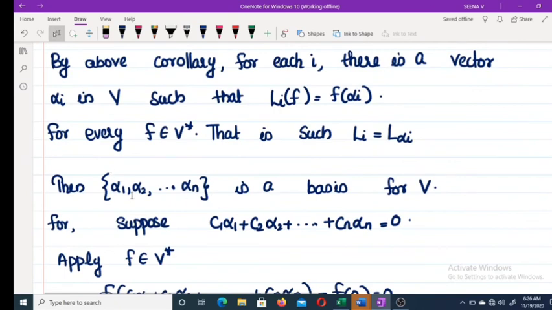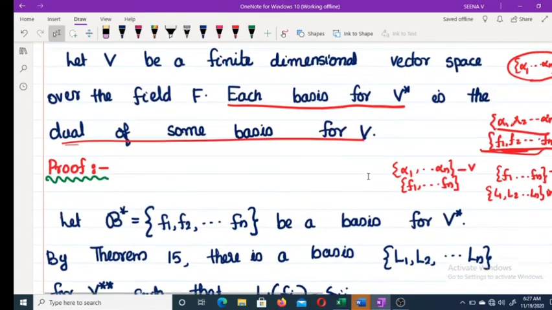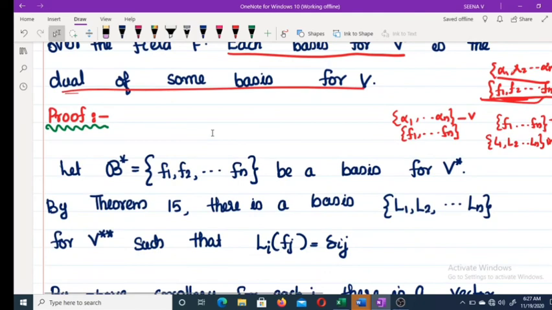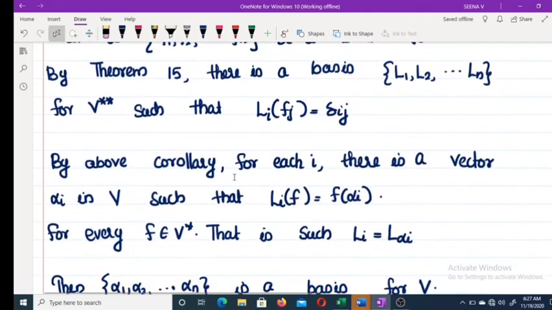Now we are proving this is a basis for V. For proving this is a basis for V, it is enough to prove that this set is linearly independent, because the number of elements is already n, and we already proved that dimension of V equals dimension of V star equals dimension of V double star. Dimension of V star is n, therefore dimension of V is n.